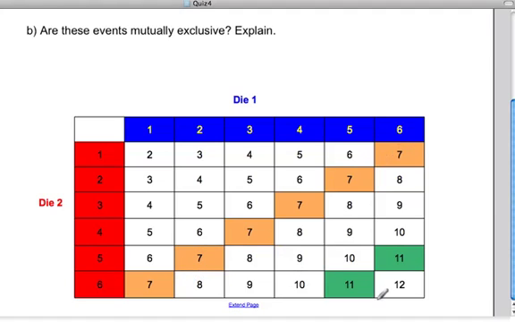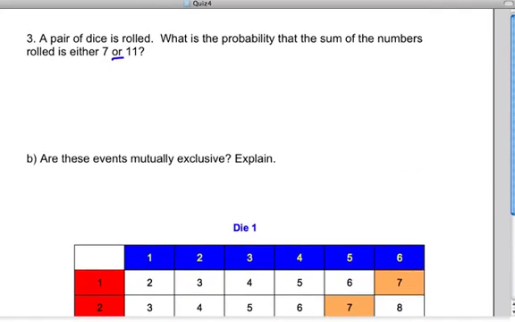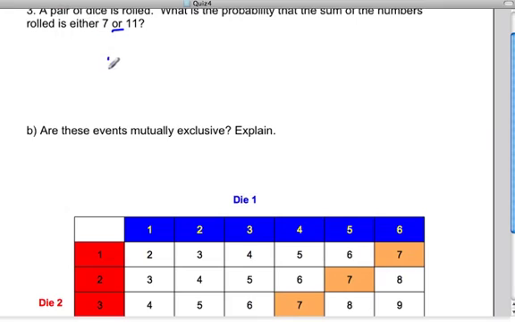You either roll a 7 or 11. So since they are mutually exclusive, the probability of 7 or 11 will be equal to the probability of rolling a 7 plus the probability of rolling an 11.